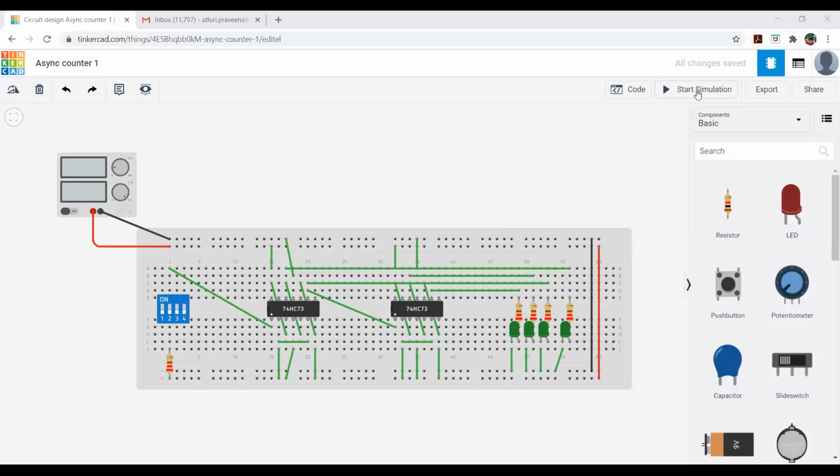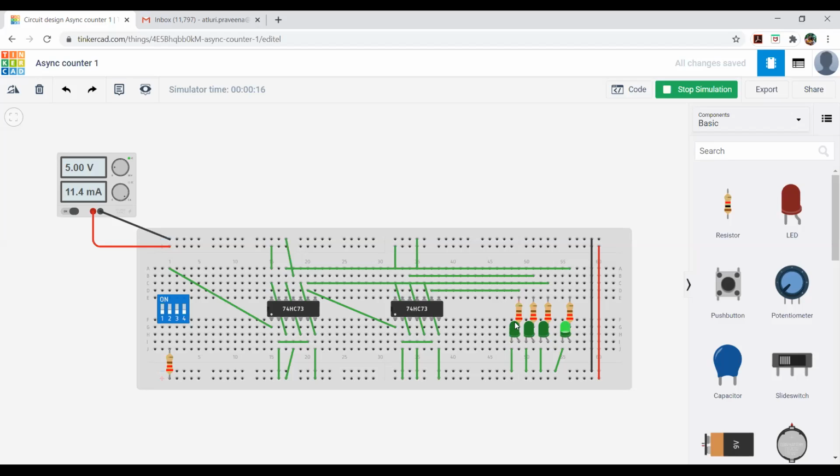Now let us start simulating this particular experiment. So when I am simulating this, I have already mentioned this is the dip switch through which I am applying clock signal. Now since the circuit we have developed is a negative edge triggered counter, you need to get a negative edge on the clock. So here through switch 2, I'll just switch it on and off, which gives me a negative edge.